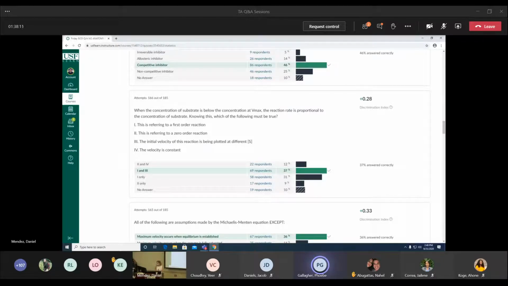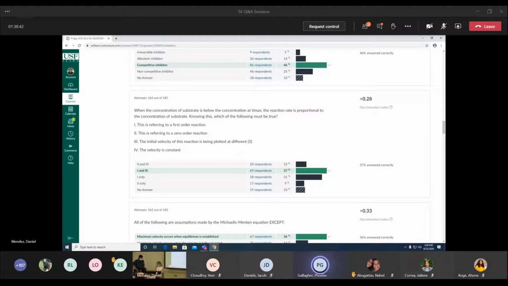I hinted that it was going to be below the Vmax by saying that it is below the Vmax. So because it's proportional to the concentration of the substrate, right away you should know that we're talking about a first order reaction. So that's why number 1 is correct, and why numbers 2 and 4 are incorrect, because your velocity is constant only in a zero order reaction.